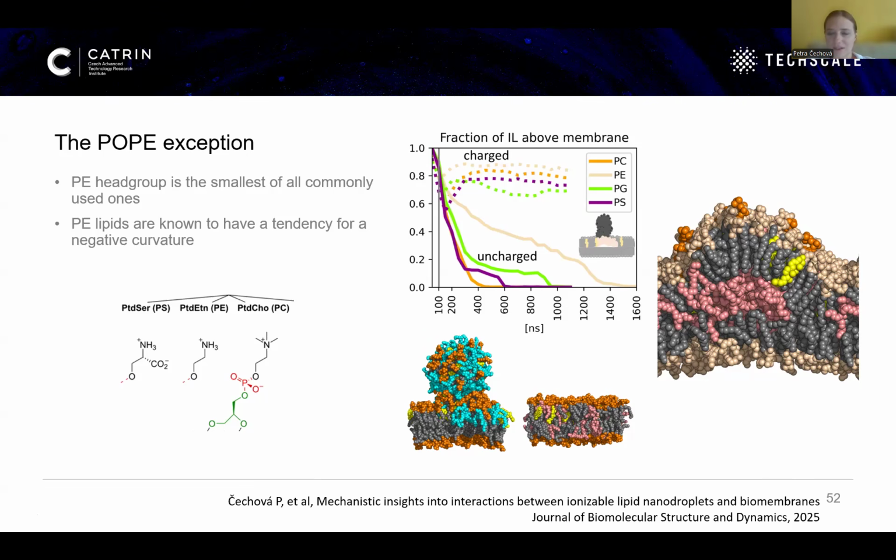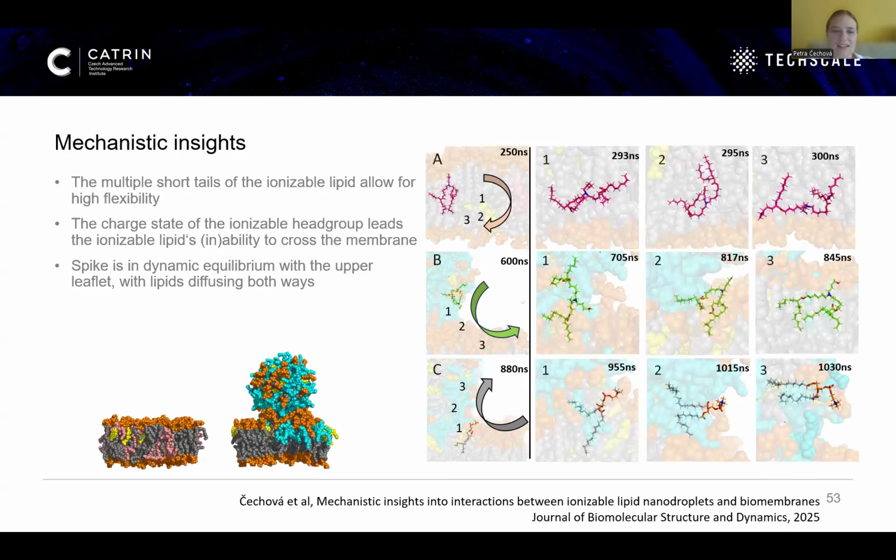So that's something that was pretty interesting to see, and that shows us how the ionizable lipids and normal cell membrane lipids can interact.